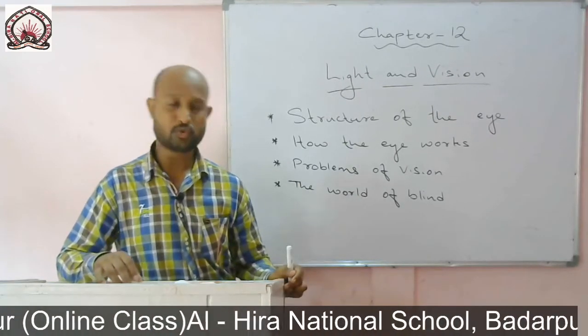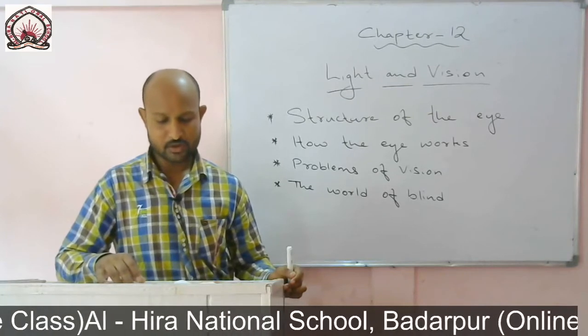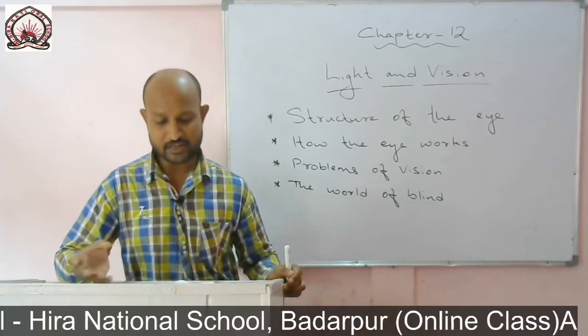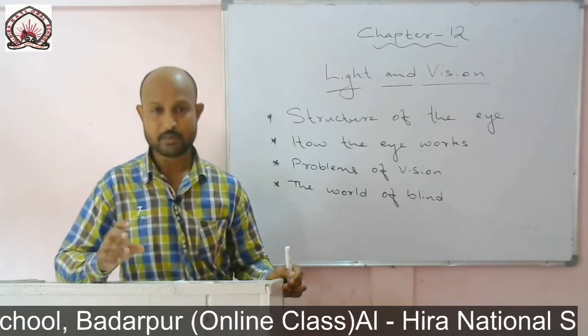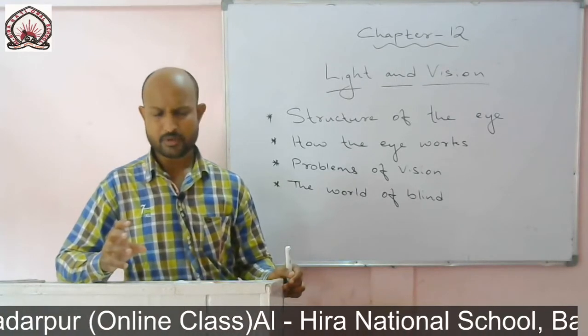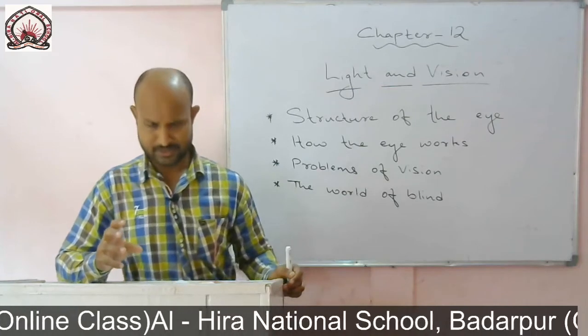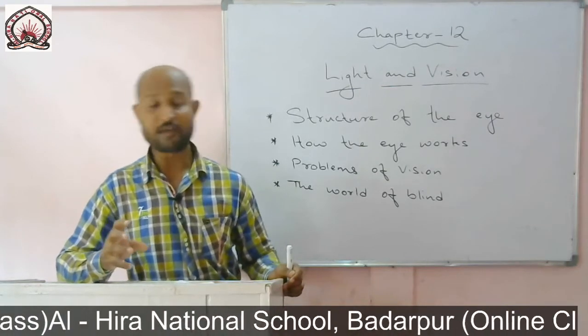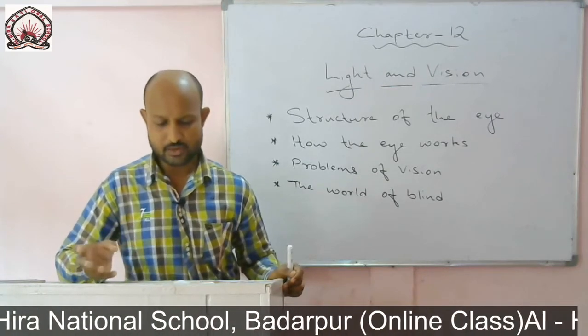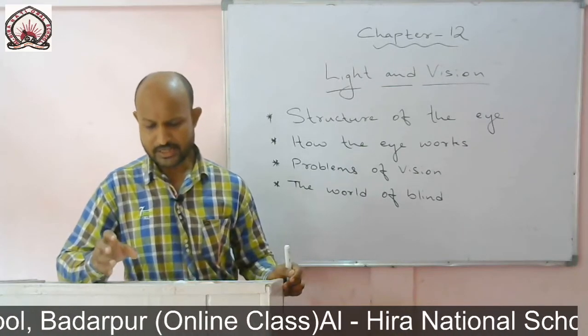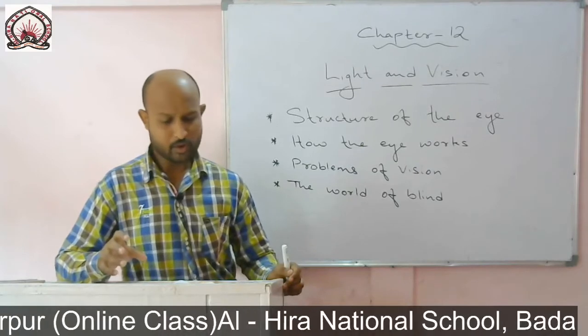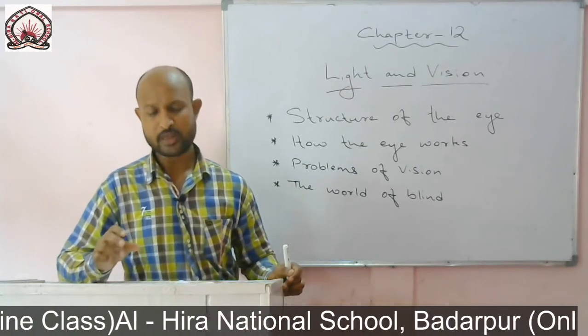Information regarding the image is transmitted to the brain through these optic nerves, and the brain then uses the information to show us the image. The image formed on the retina is inverted and very small. We know that our eyes are very small in size, but we are able to see big things. How are the images of big things formed inside these small eyes? It is only because of the retina, which helps in forming inverted and very small images.